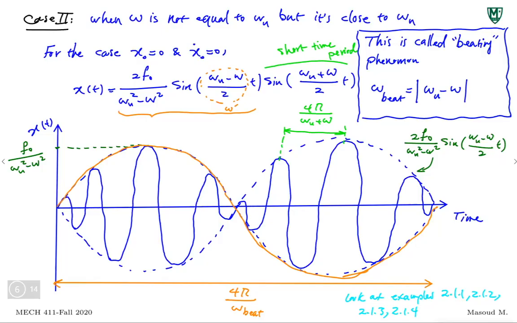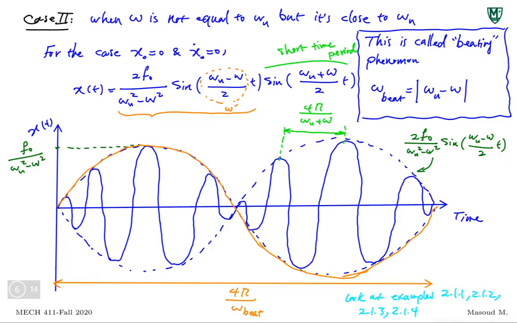When I teach vibrations, I know that it's usually in the morning, a lot of math involved, but I always ask you guys not to get distracted by the math. The math provides a tool for us to solve the equation of motion. We can see physically what happens: what is the system response when it's under harmonic force excitation with some given initial conditions and properties of the force.